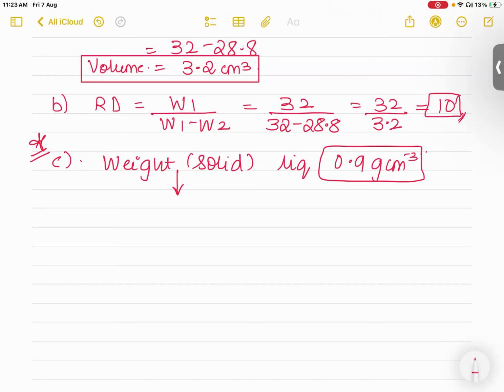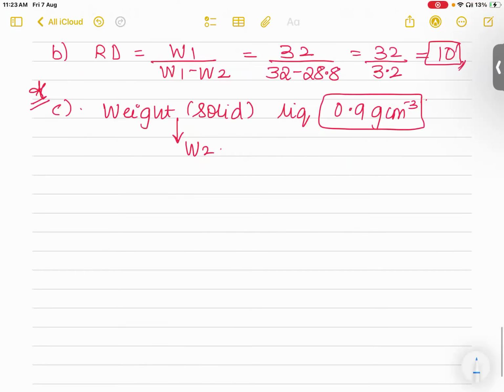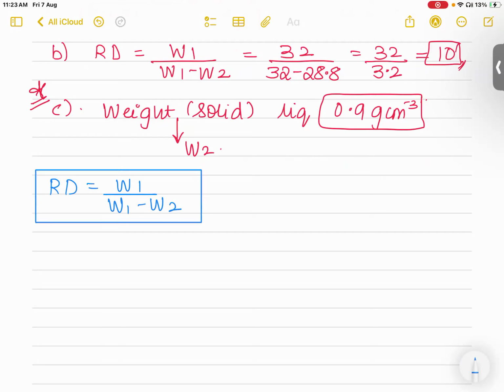So technically speaking, this is W2. Now listen very carefully. I have a formula which says that RD is W1 upon W1 minus W2. We use this standard formula, guys, assuming that the liquid is water.